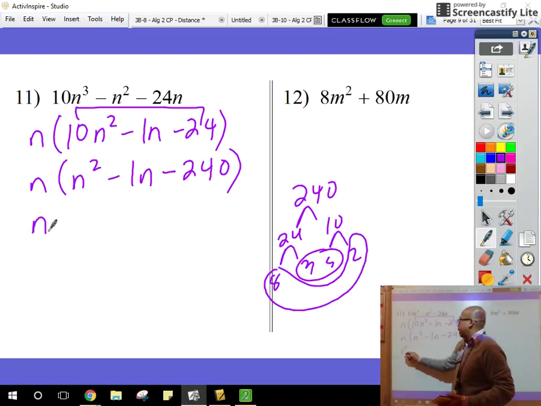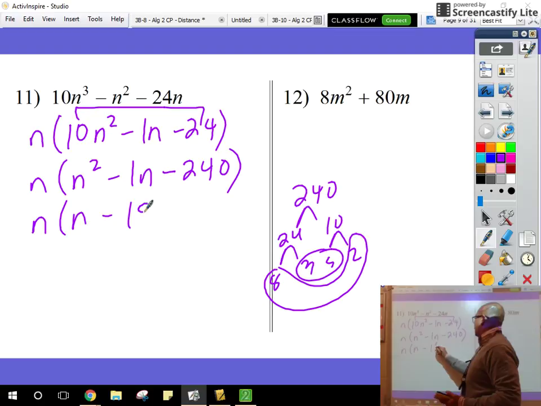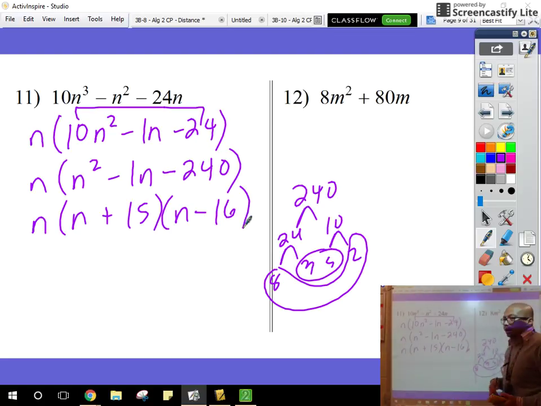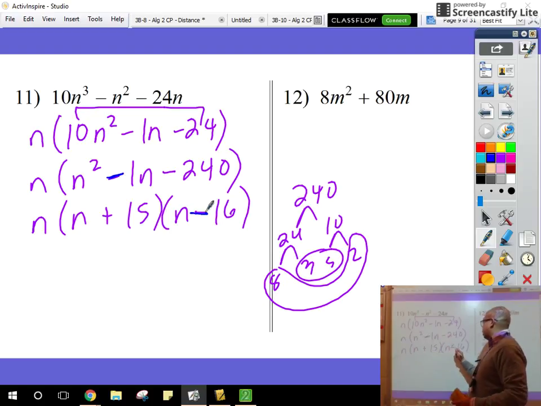So I know this will be n minus 15, n plus 16. How do you know that one? I break down the factors of 240, which I see 15 times 16 is 240. Yeah, I'm right there. And this is negative, so the bigger one should be minus. And I have to divide this all by 10 and by 10.